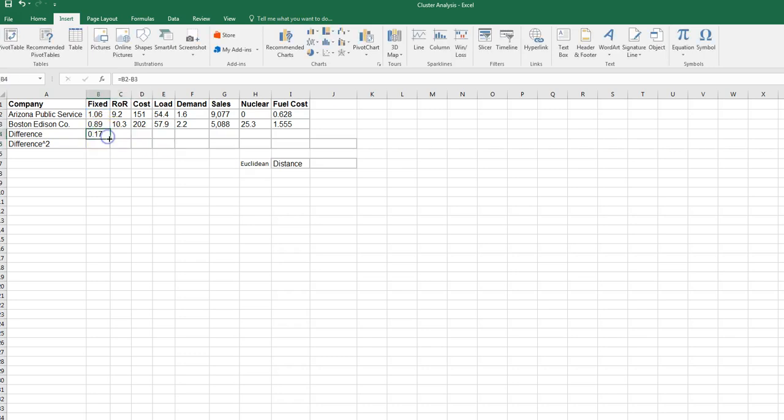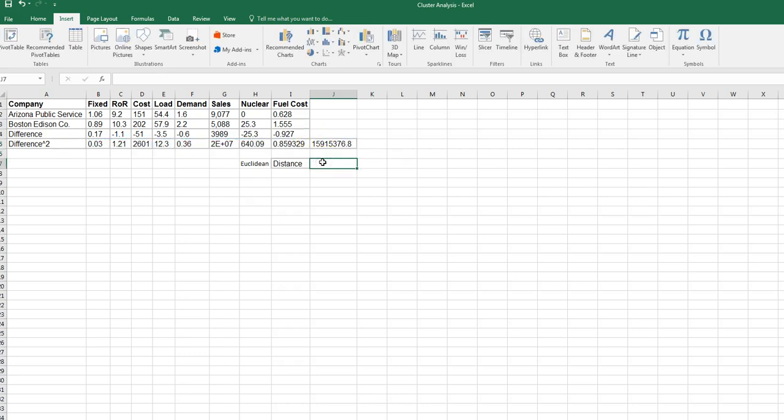Similarly, you're going to calculate the difference on rate of return for Arizona and Boston, the difference of cost for Arizona and Boston. Once you have all these differences calculated, we're just going to square them up and calculate the sum of these squared distances.